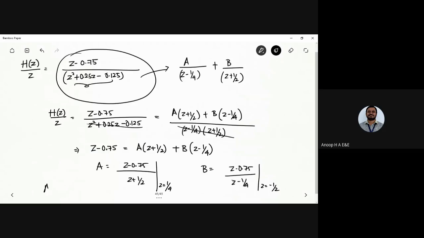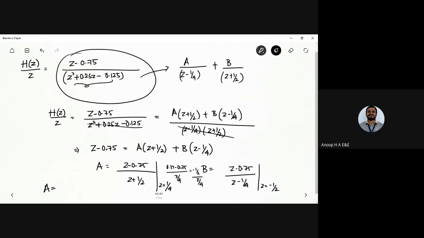After replacing the values, the value of A would be equal to, with z equal to 1 by 4, that is 0.25 minus 0.75, divided by 1 by 4 plus 1 by 2, that is 3 by 4. So 0.25 minus 0.75 is minus 1 by 2, divided by 3 by 4.